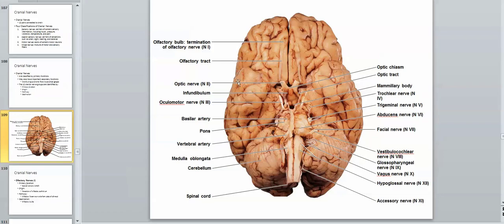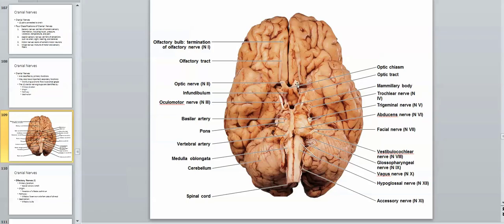Then we have our optic nerve. Here it's cut. You've seen it before. And it's what attaches to the eye. It brings information from the retina, which is a sheet of sensory neurons, and it's going to react to light. And then that information will be transmitted via the optic nerve and will eventually end up in the lateral geniculate nucleus of the thalamus.